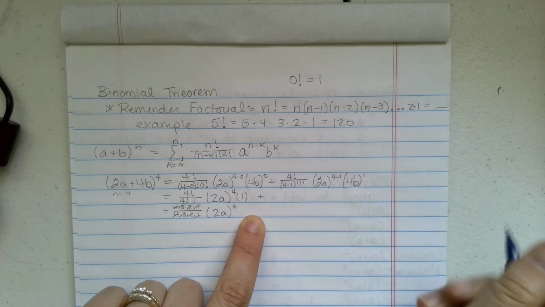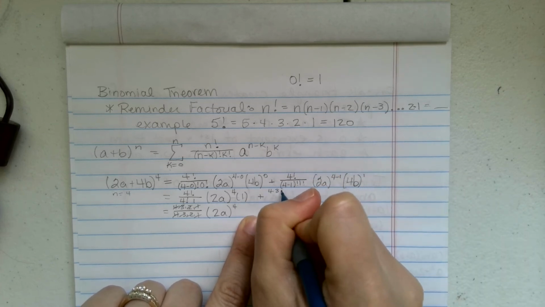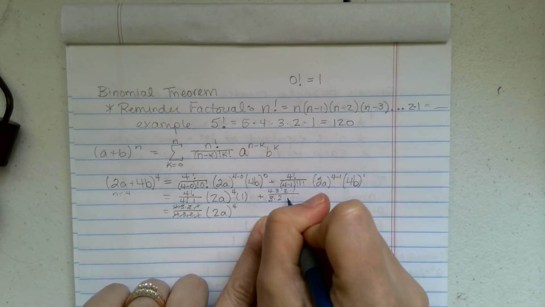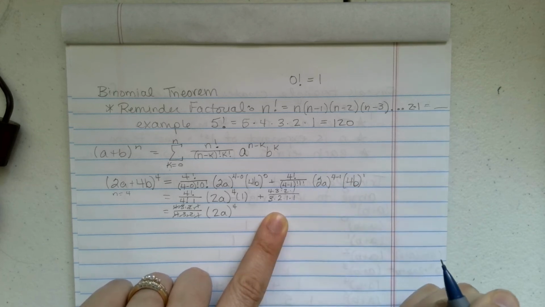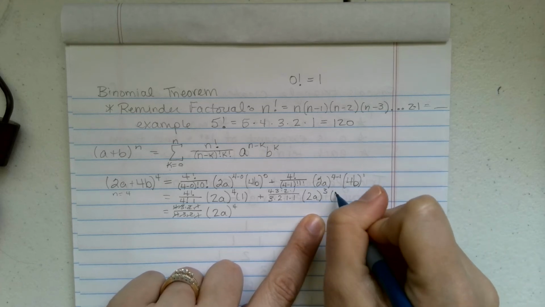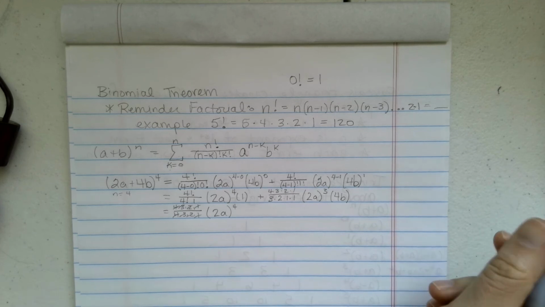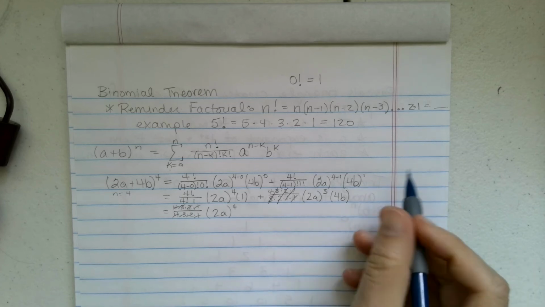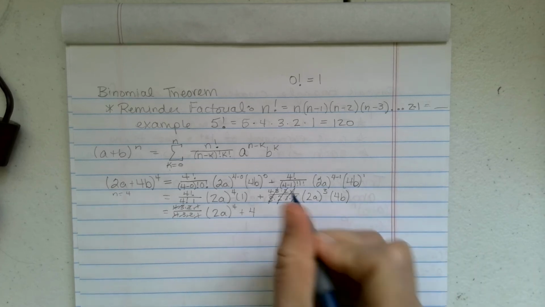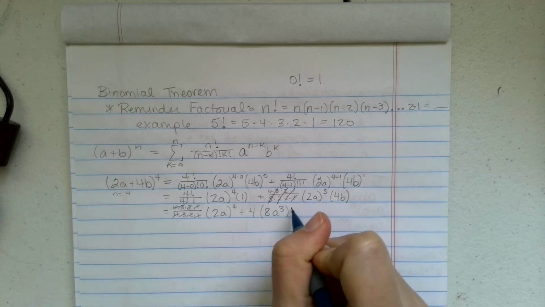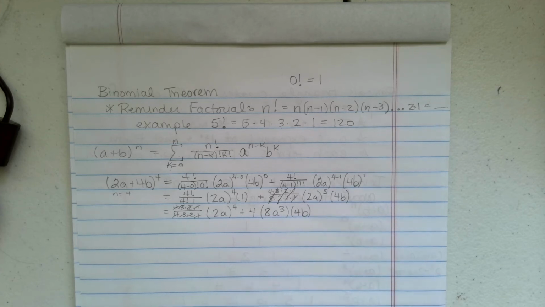So let's simplify this part. 4 factorial will be 4 times 3 times 2 times 1. 4 minus 1 factorial, that's 3 factorial, so 3 times 2 times 1, and 1 factorial is just 1. 2a will be to the 3rd, and 4b will be to the 1st power, or just 4b. Alright, we've got to keep going here. So what cancels here? My 3's, my 2's, and my 1's are all gone. So this is really 4 times 2 cubed is 8, a cubed also times 4b. Okay, so that's getting a little more complex, but we'll get there.